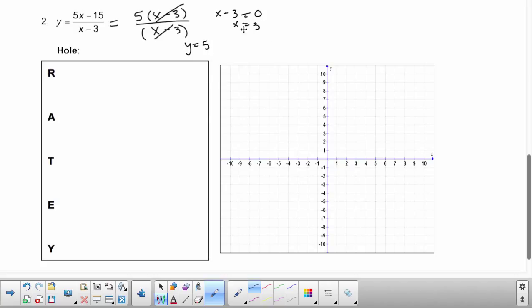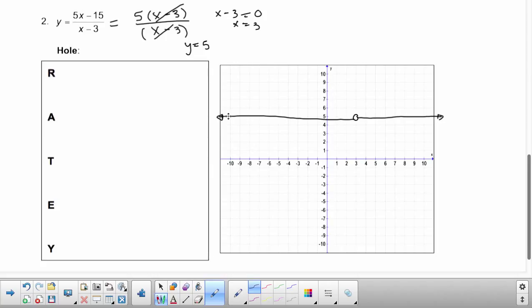Here there's nothing to plug x into. My y's are always going to be 5, so I already have my point. No need for step 4. So I go over to 3, 5, draw my open circle, and I know that y equals 5 is just a horizontal line, and so I fill that in this way.